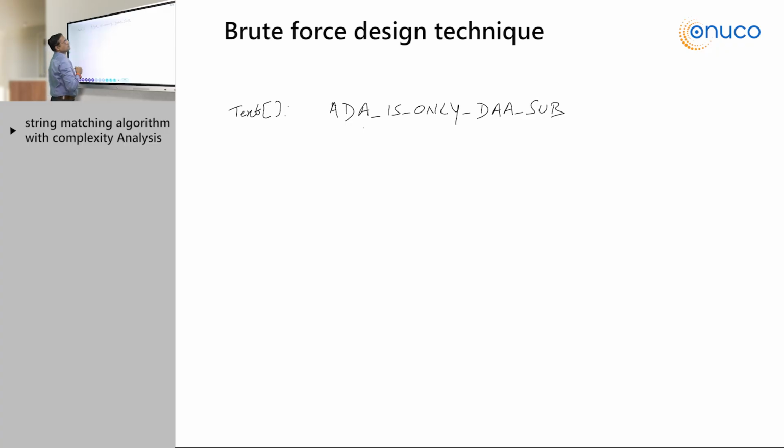This is the text. Now we should have the pattern string, which is present or not present in this, both the cases. So say we are going to find the pattern as DA, right? Whether DA is present in this or not.